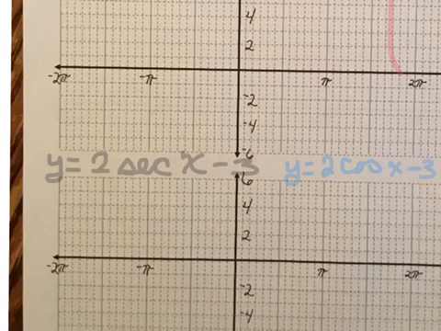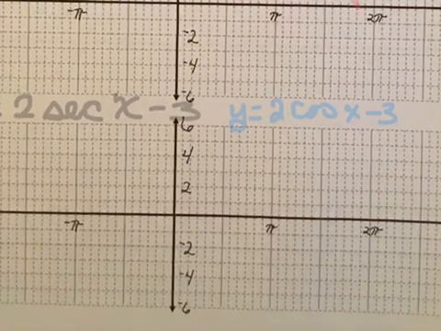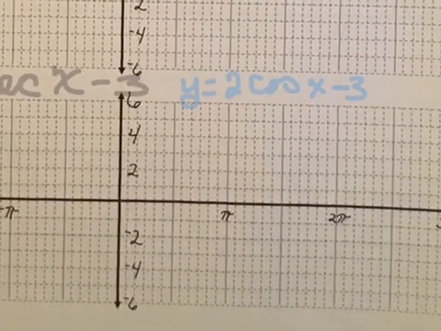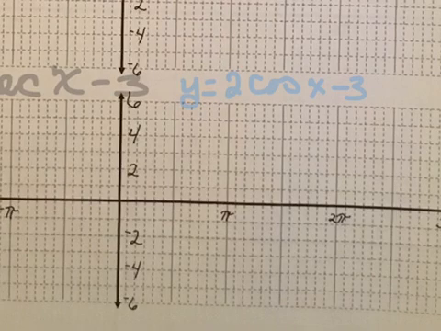Now, if we want to take a look at graphing this particular one, first of all, it's going to be graphed down 3 units. So let's draw a line very, very lightly, 3 units down. That will be our midline. Now, once we have our midline, we know that we're not going to have to move right or left.